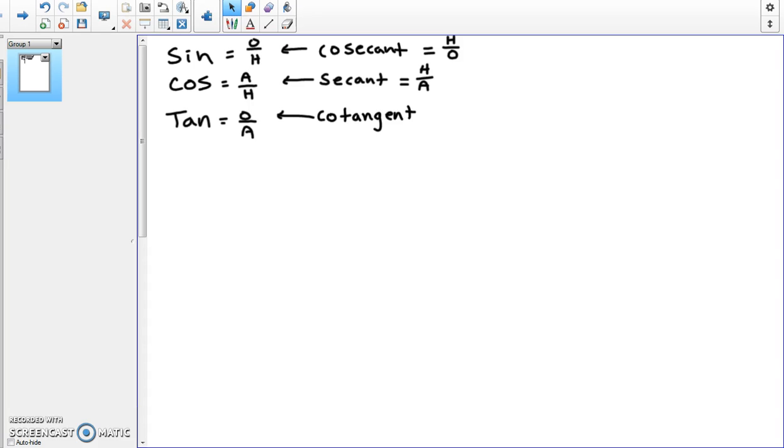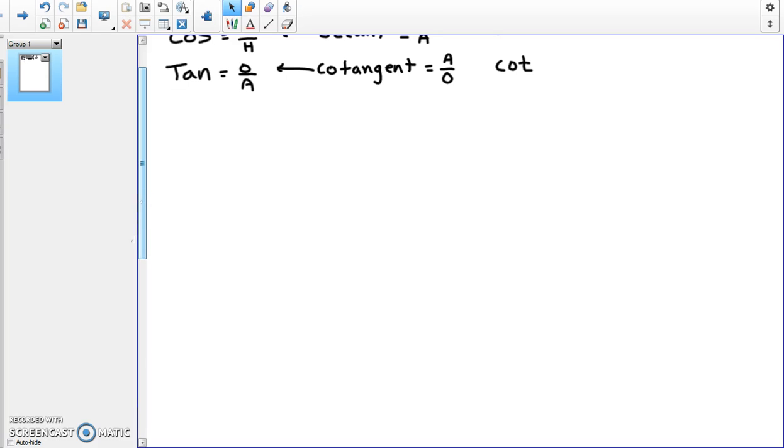And then cotangent is tangent flipped. So it's adjacent over opposite. And these three functions all have abbreviations. Cosecant we abbreviate CSC. Secant we abbreviate SEC. And cotangent COT.